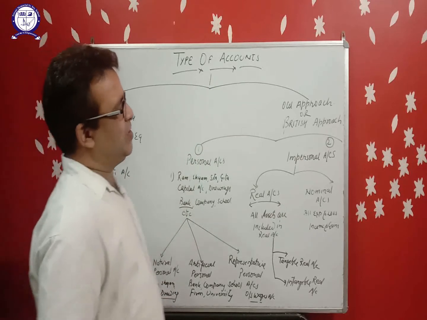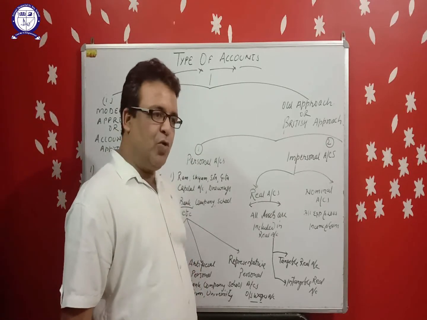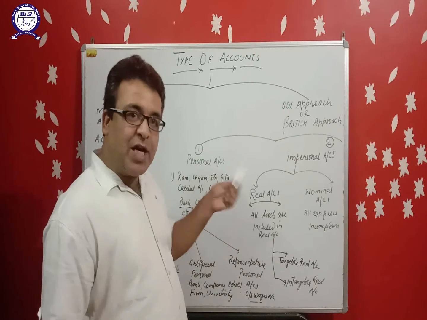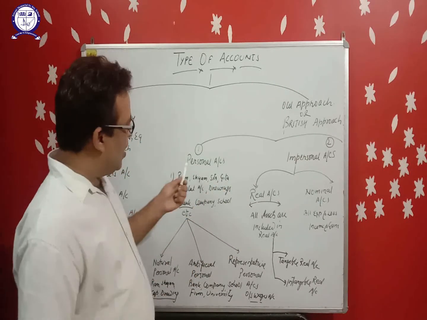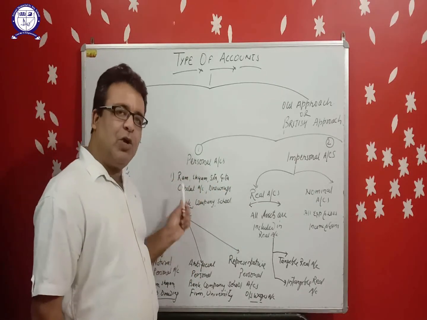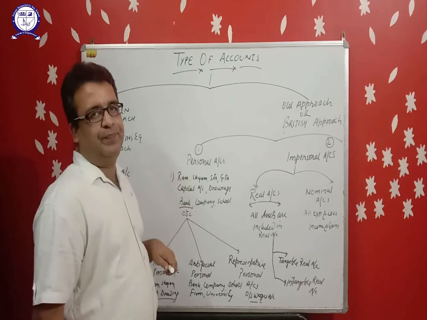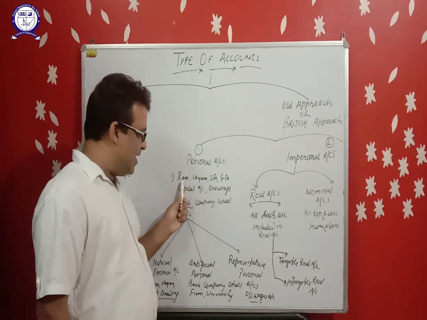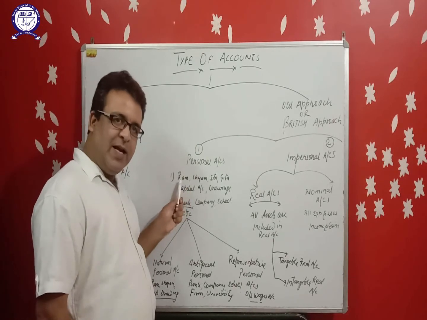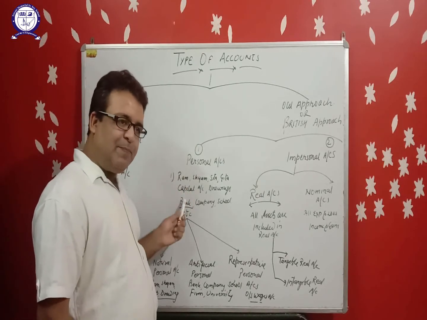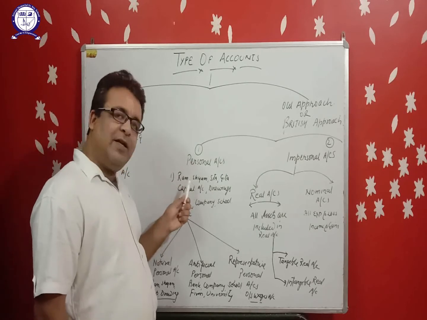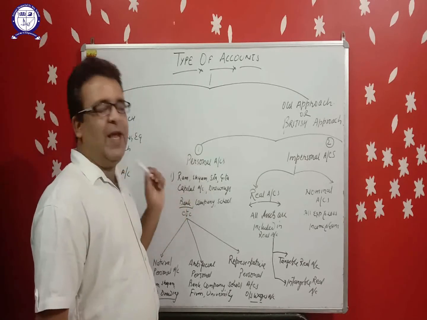Now rules of accounting. Rules for the journal. First of all, for personal account, the rule is debit the receiver, credit the giver. If the person in the transaction is the receiver, he will be debited, and if the person is the giver in the transaction, he will be credited.